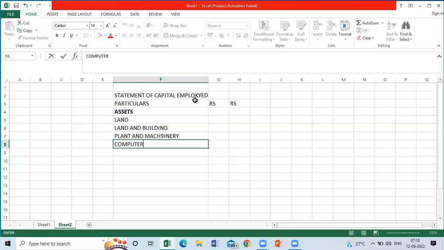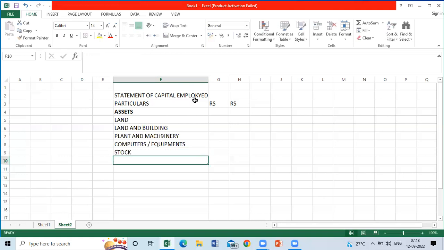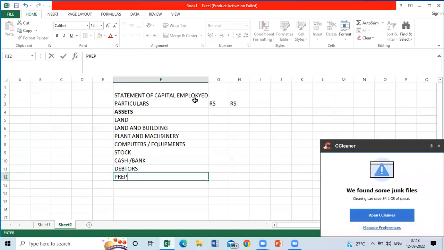Computers, equipment are assets. Stock, that is closing stock as per balance sheet, cash balance, bank balance, debtors, any kind of prepaid expenses. All this shall classify as assets.